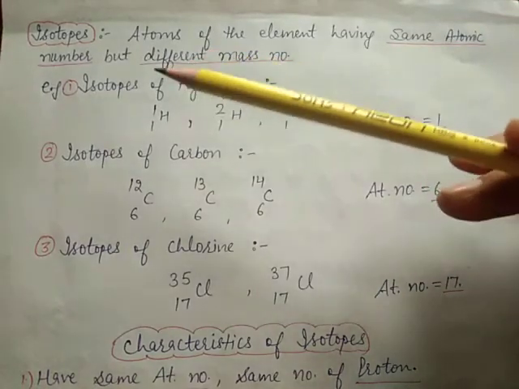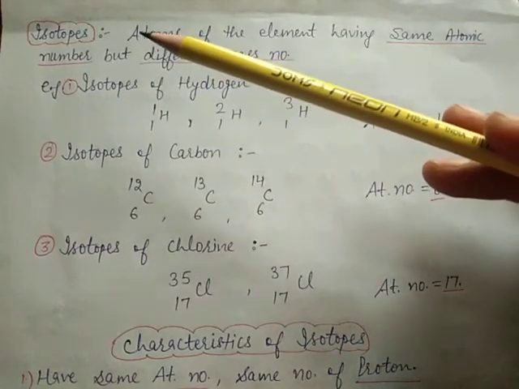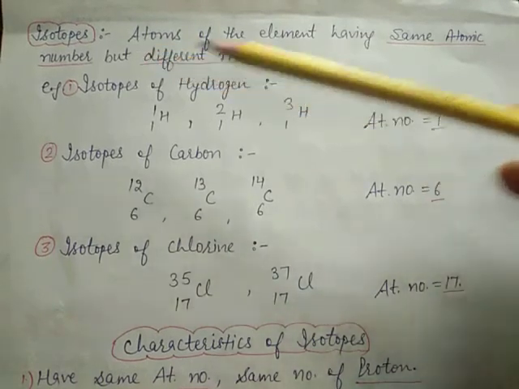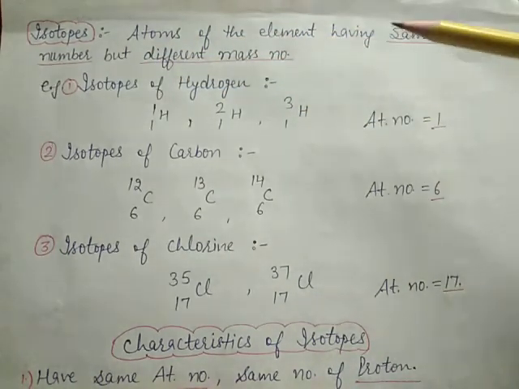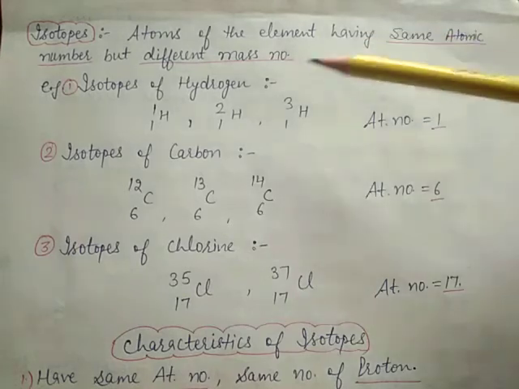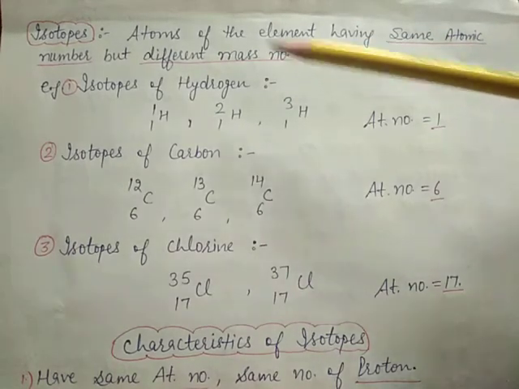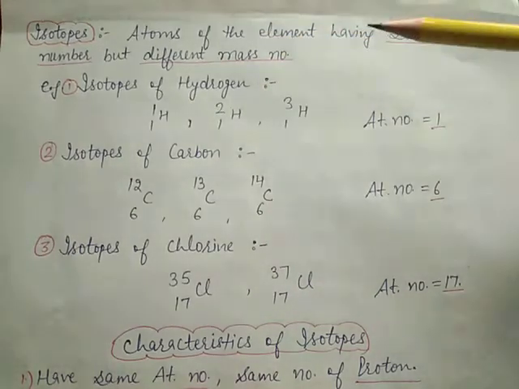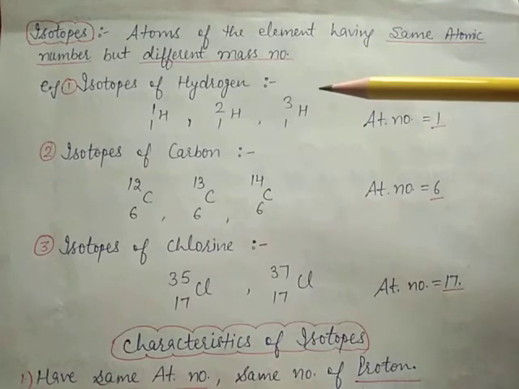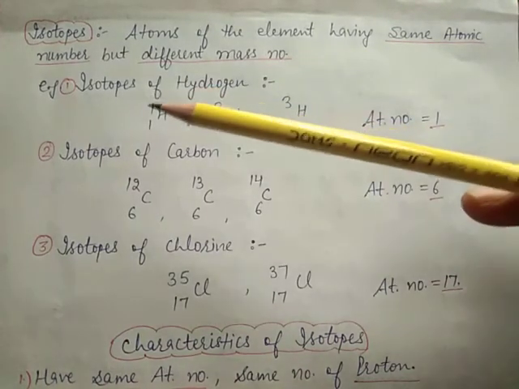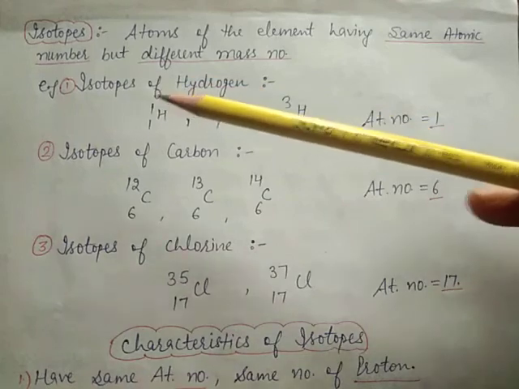Now the next topic is isotopes. Iso means same. Atoms of elements having the same atomic number but different mass number are called isotopes, meaning atomic number same but mass number different. Here we take the example, isotopes of hydrogen.